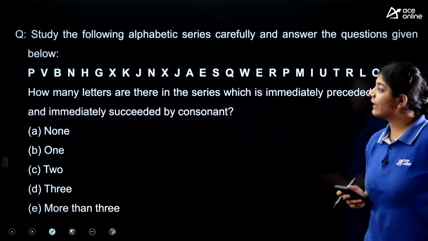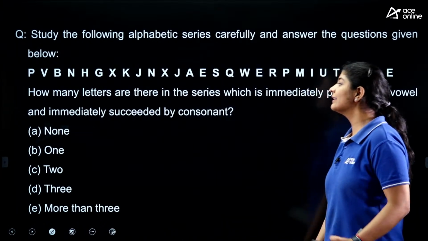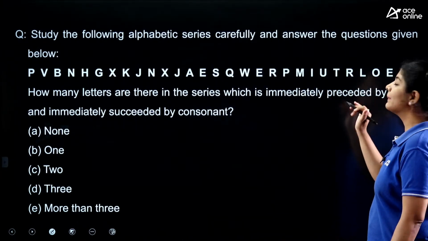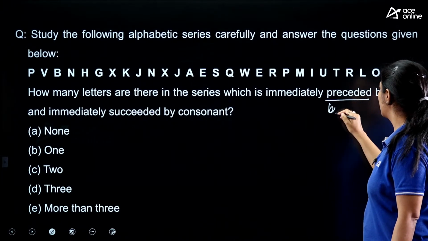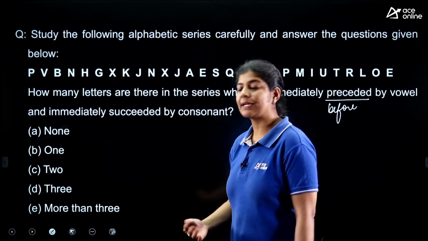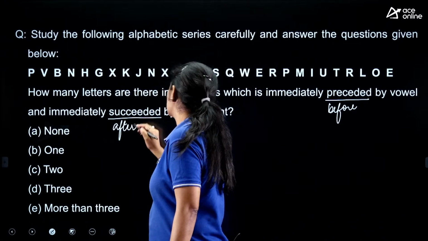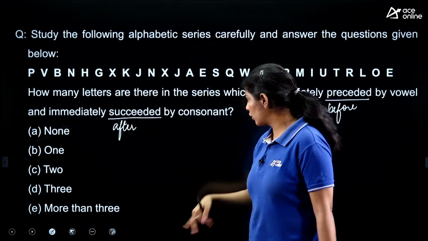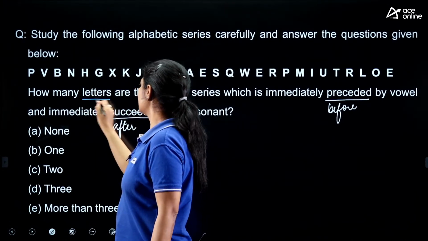Okay, so what we have to do here, the question is saying how many letters are there in the series which are immediately preceded, that means before, by a vowel and immediately succeeded, that means after, or followed by a consonant. So you have to determine such letters.